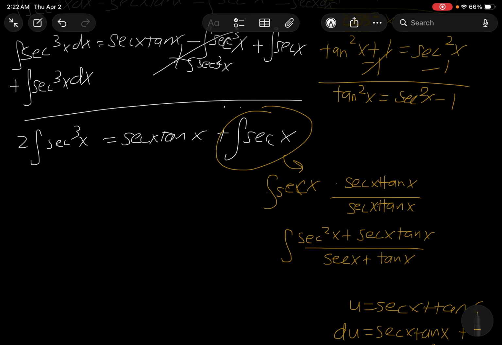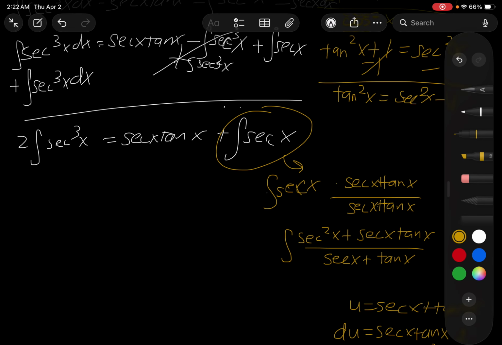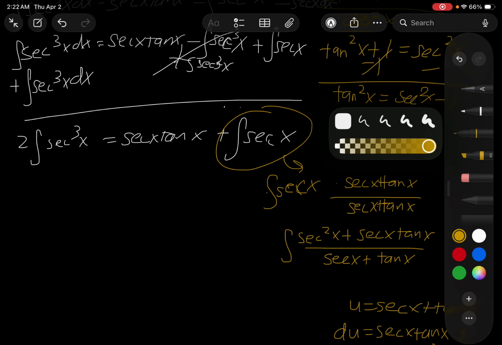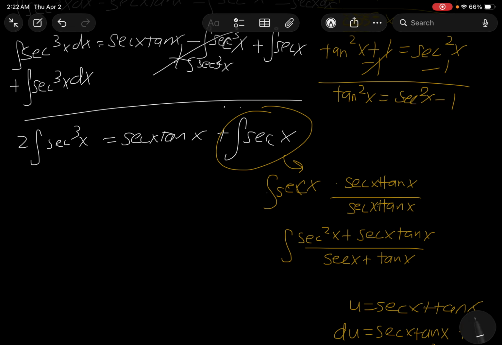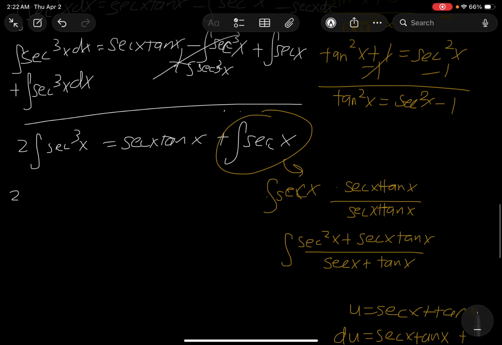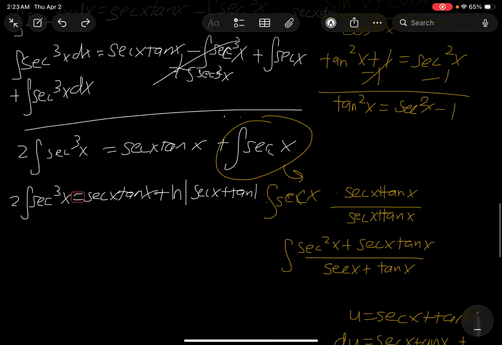And then now we are going to plug everything back in together and reassemble this equation. So it's going to be 2 times the integral equals secant of x tangent of x plus ln of secant of x plus tangent of x. Why did I put that outside of the thing?